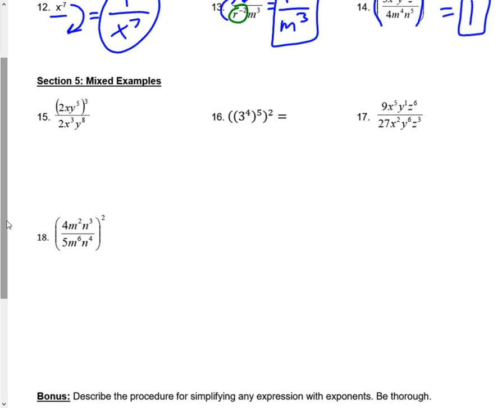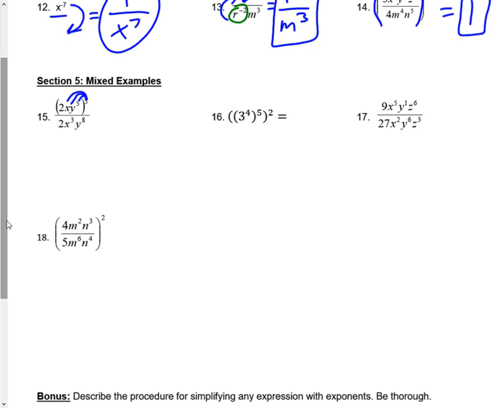In number 15, there's a lot going on, but I see parentheses, and with parentheses we need to distribute the exponent. One thing with this is it only distributes to the stuff in the parentheses, all 3 parts, not to the bottom, because the bottom is not in the parentheses. There's no parentheses around the denominator.